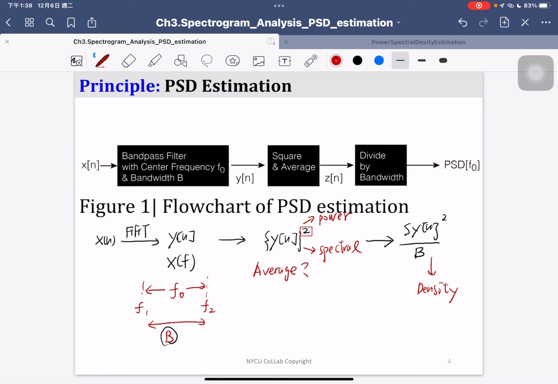So the idea of what we call the power spectrum density today is: the power is a square, and the spectrum is here because we take the time series, apply the Fourier transform, and get the spectrum amplitude. Then finally we divide the power spectrum by the bandwidth, so we call that the density. So we have the power spectrum density for a specific frequency center, F0.